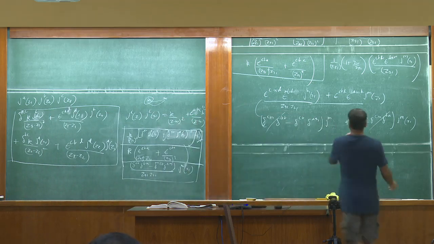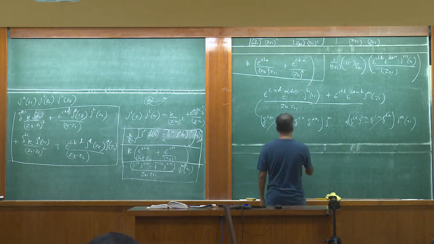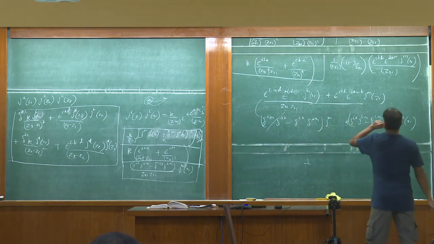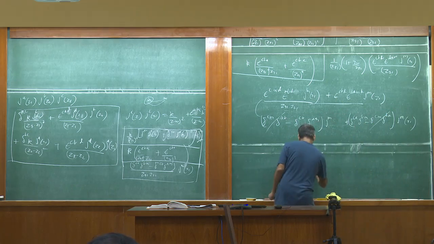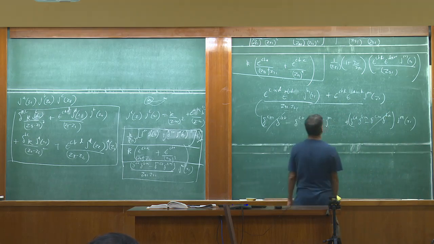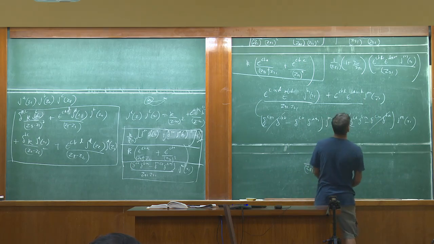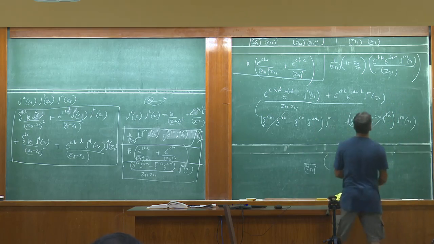And what remains then is this term, which was 1 over Z31 the whole thing squared, since the Z21s have cancelled, and then we get epsilon CD. Once again we do this manipulation, so let's write in terms of deltas.